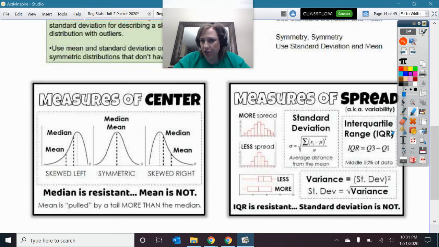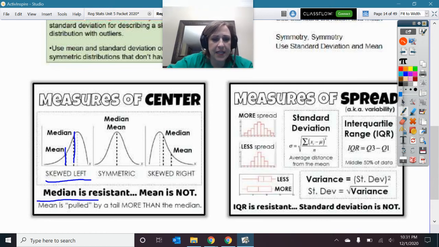You can see here, this is the last final concept we've got going on. With our measures of center, their values, as we just talked about, are affected by the shape, because the median is resistant, the mean is not.